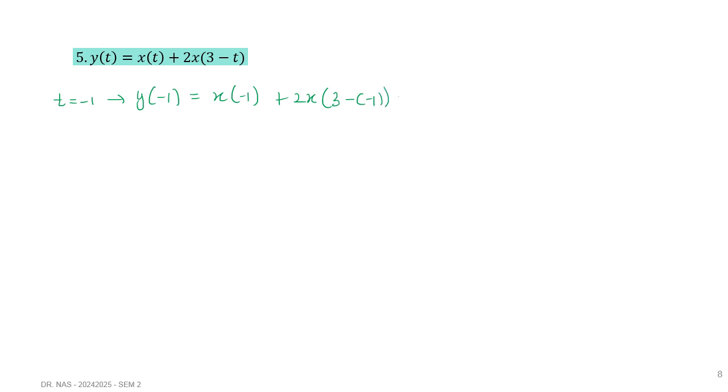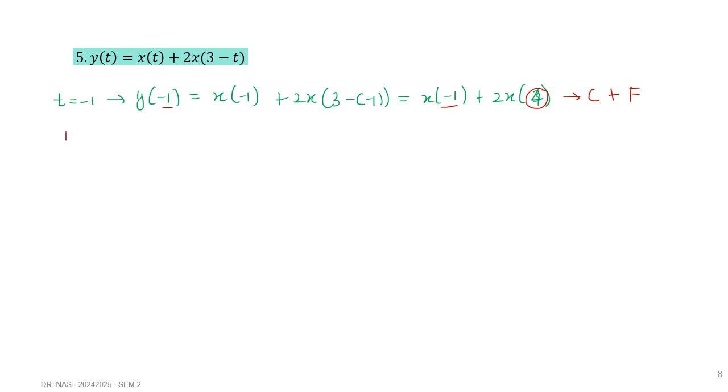So this is equal to x(-1) plus 2x(3 plus 1), equal to x(4). Let's check the states. The current state is -1, so you have the current state plus x(4), so it is a future value.